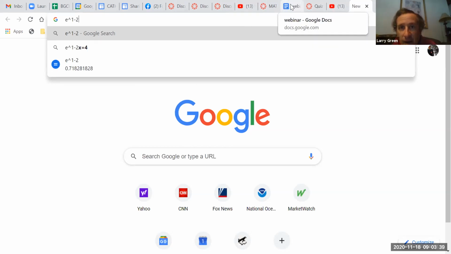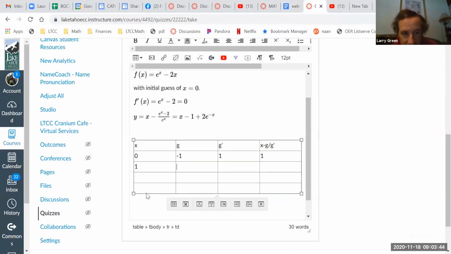I actually know that one by heart, but I figured I'd show you how to do it. So that's 0.718. And then we want g prime, which is just e to the 1. And that's 2.718.